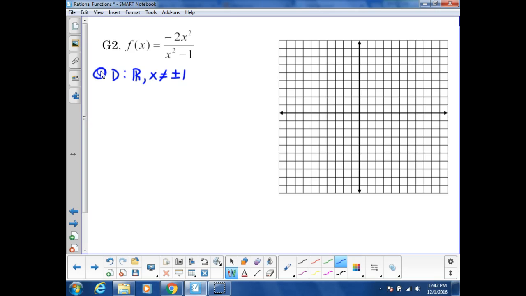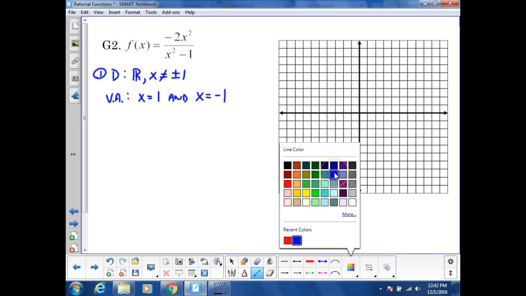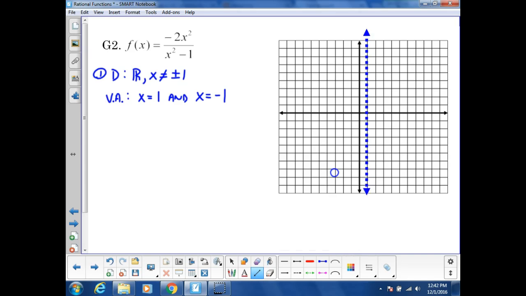That tells me that I have a vertical asymptote at x equals 1 and a vertical asymptote at x equals -1. So let's put those on there.